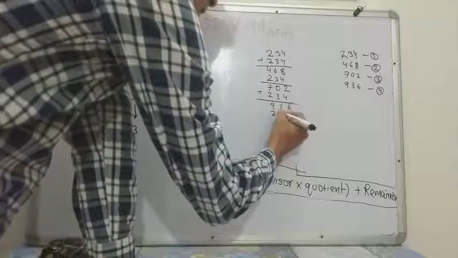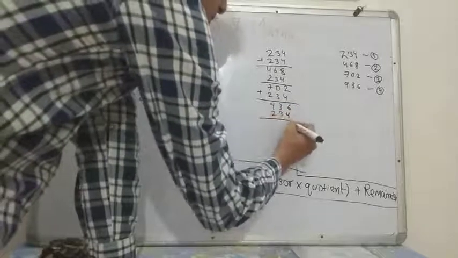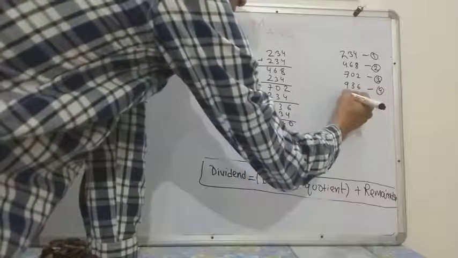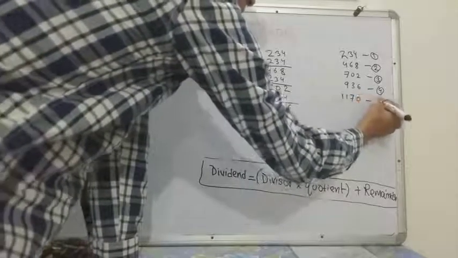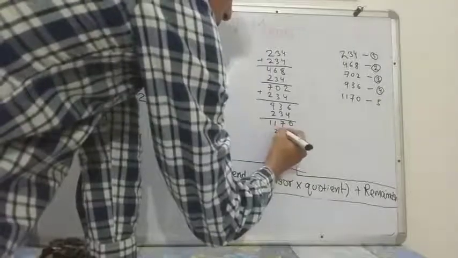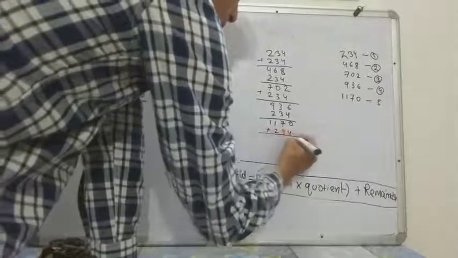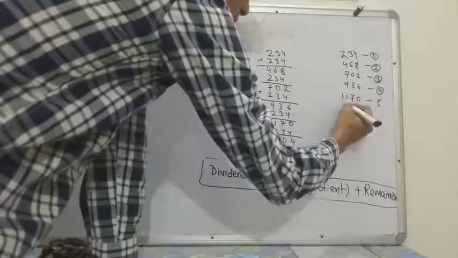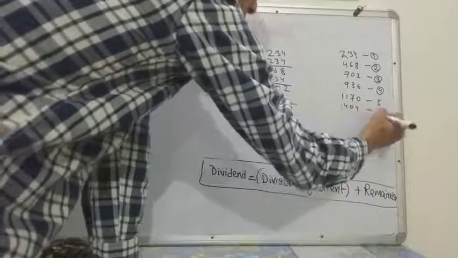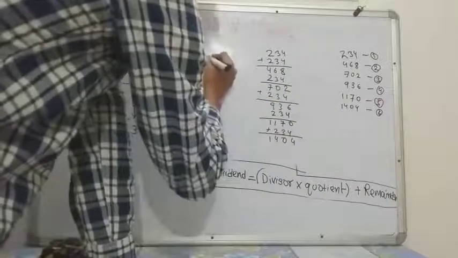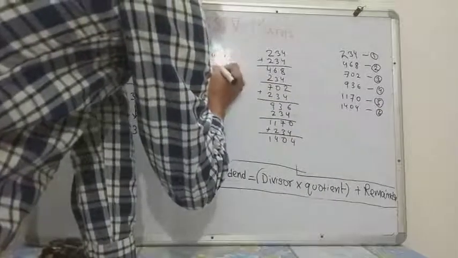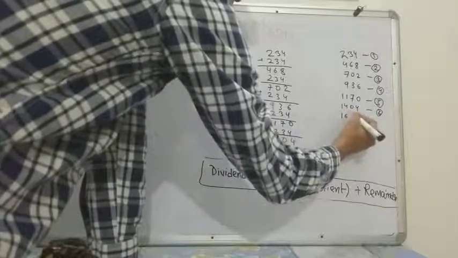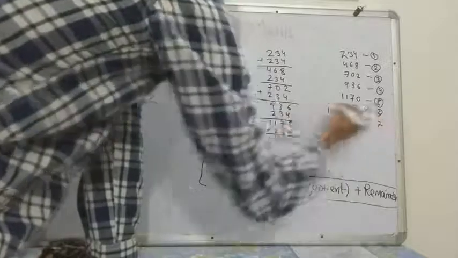So we should complete our multiplication. Here comes 1170, it is the multiple of 5. Add 234, we got 1404 with the multiplication of 6. 1404 plus 234, we got 1638, a multiple of 7.